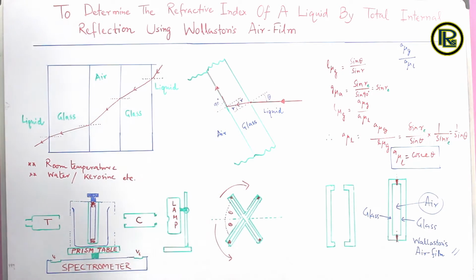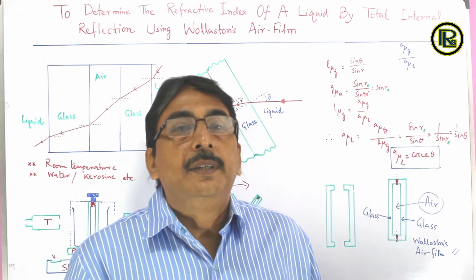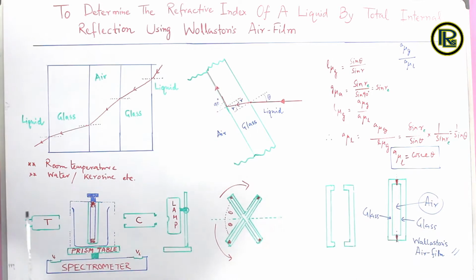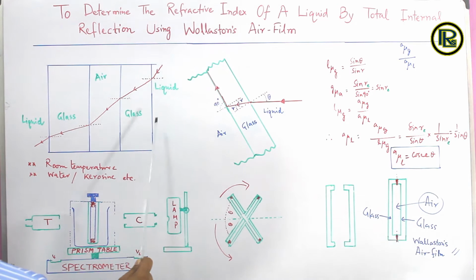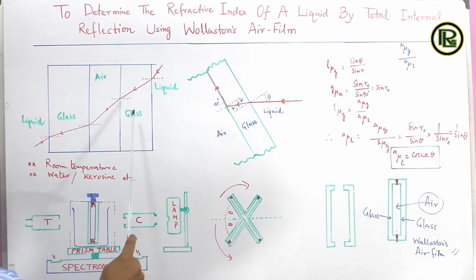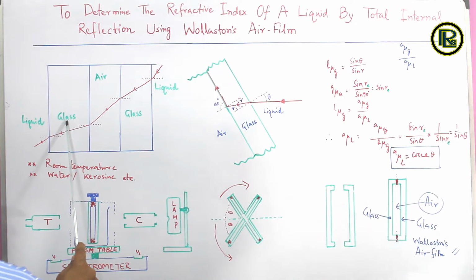Now I come to the basic principle of this experiment. Suppose we have multiple layers of mediums of different refractive index. Like this, we have liquid, we have glass, we have air, again we have glass, and then we have the same liquid we started with.